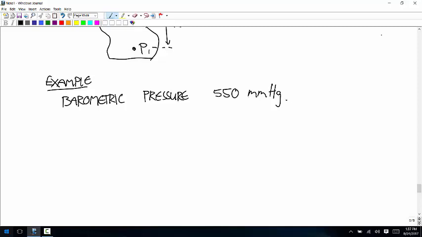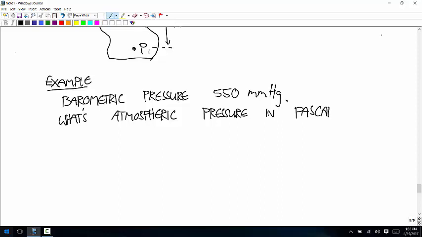So what's the atmospheric pressure in pascals, given that the density of liquid mercury is, oh, I think I have that wrong.